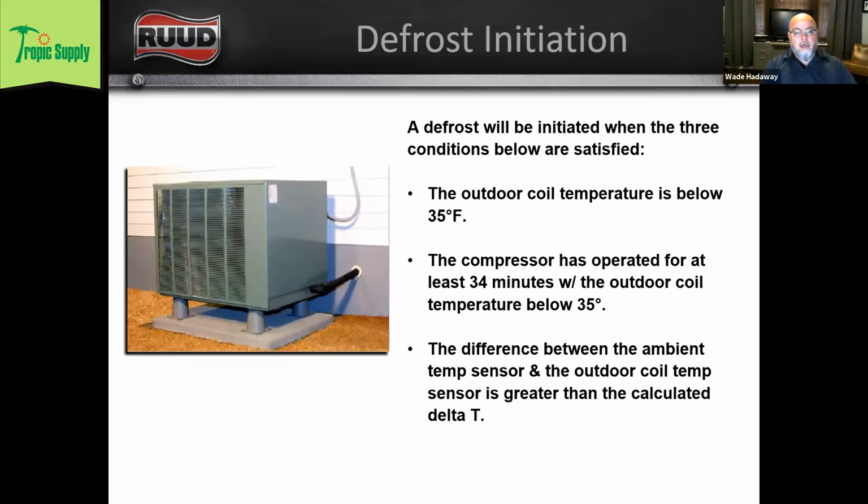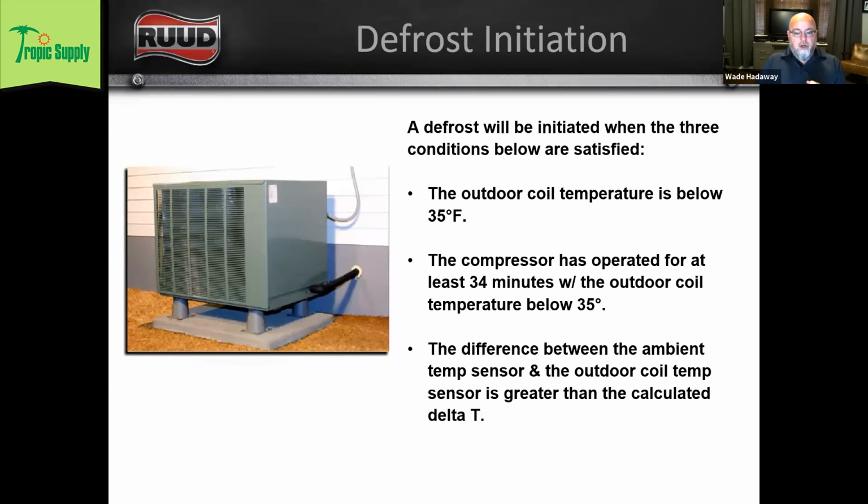So there are three conditions that need to happen for one of our heat pumps to go into defrost. The outdoor coil temperature has to be below 35 degrees Fahrenheit. And we have to have a minimum of 34 minutes of compressor runtime with the outdoor coil temp below 35 degrees.